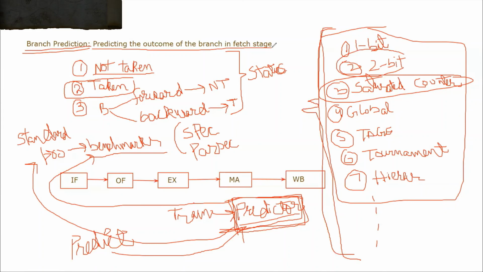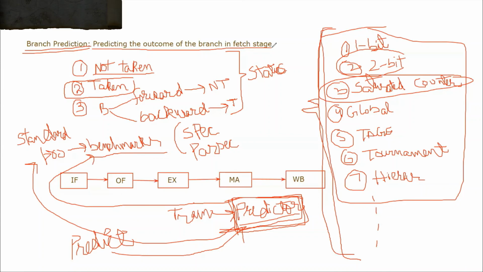And as I said, if my branch prediction is incorrect, then I have to flush the pipeline, and there will be an associated penalty, because flushing the pipeline is an expensive operation. We will lose many cycles while flushing the pipeline. So our branch prediction accuracy should be very high. Only then will we be able to achieve a good improvement in performance.